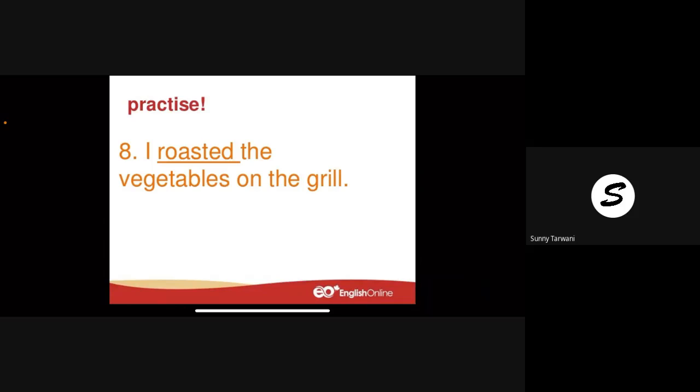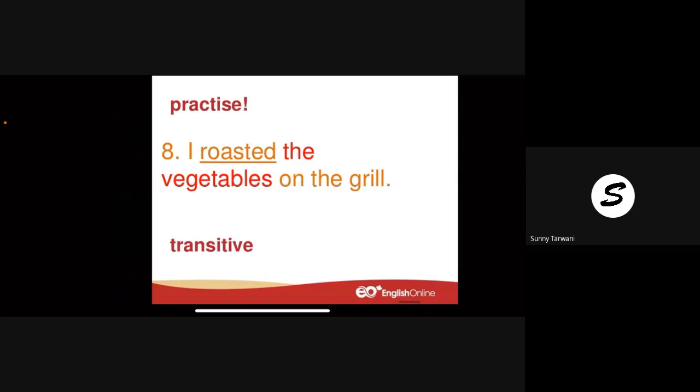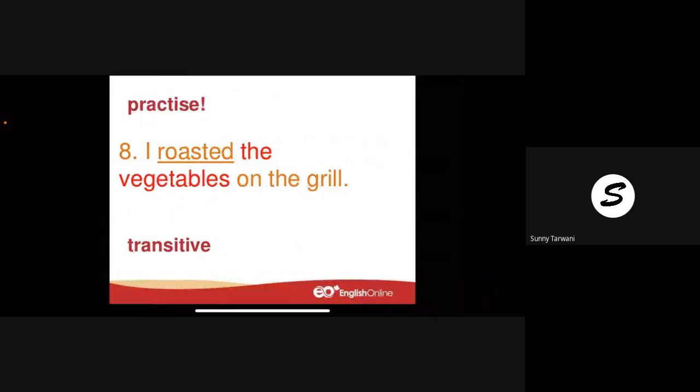Is there anyone else who wants to give the answer? Mohammed, you have to check the answer, because it is transitive. What did I roast? The vegetables. The answer to what is vegetables, so the direct object is there: vegetables.